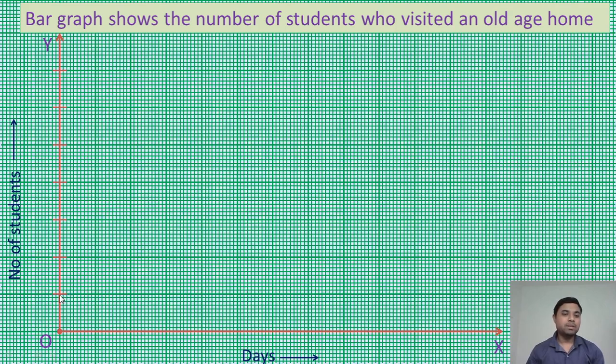First give a little mark. Now count from here: 1, 2, 3, 4, 5, 6, 7, 8, 9, 10. Write here 10. Again count 11, 12, 13, 14, 15, 16, 17, 18, 19, 20.